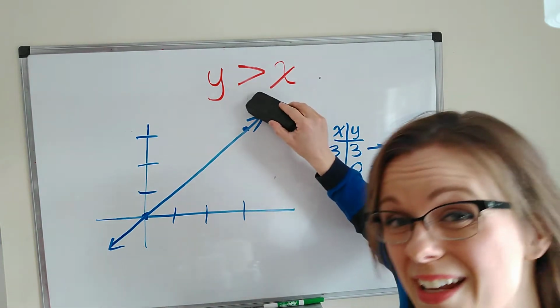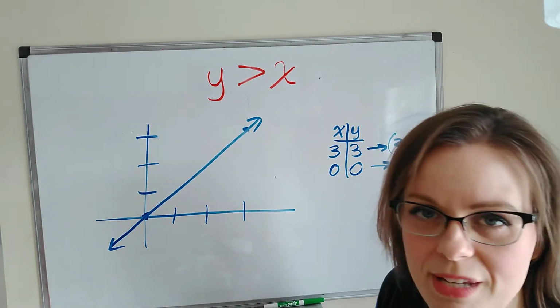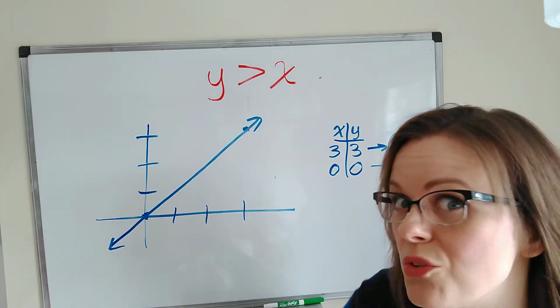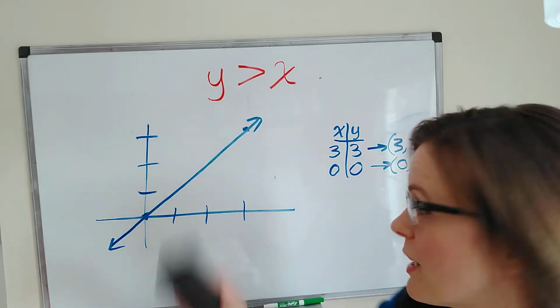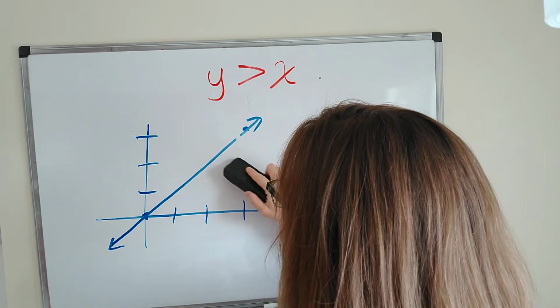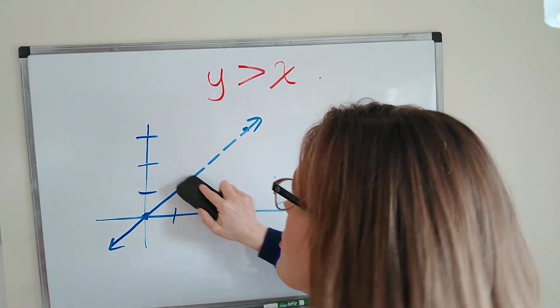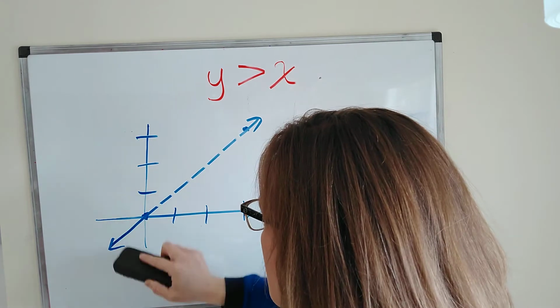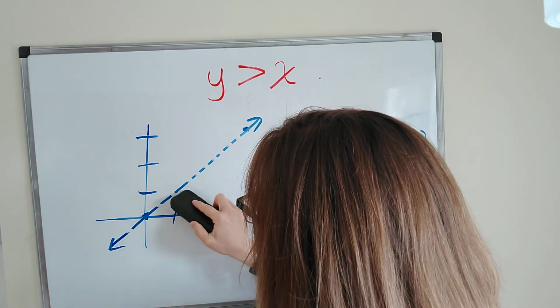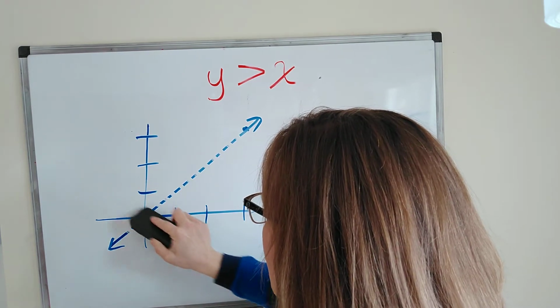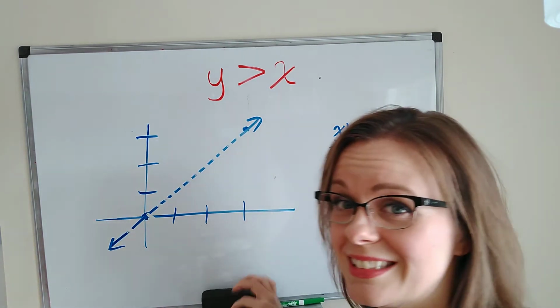And we said that if we had a strict inequality, that means no potential for equals to, then we would want a dashed line. I'm just going to take my eraser and erase portions of this line so that it's dashed. All right, I think that pretty clearly shows that the line is dashed now. Okay?